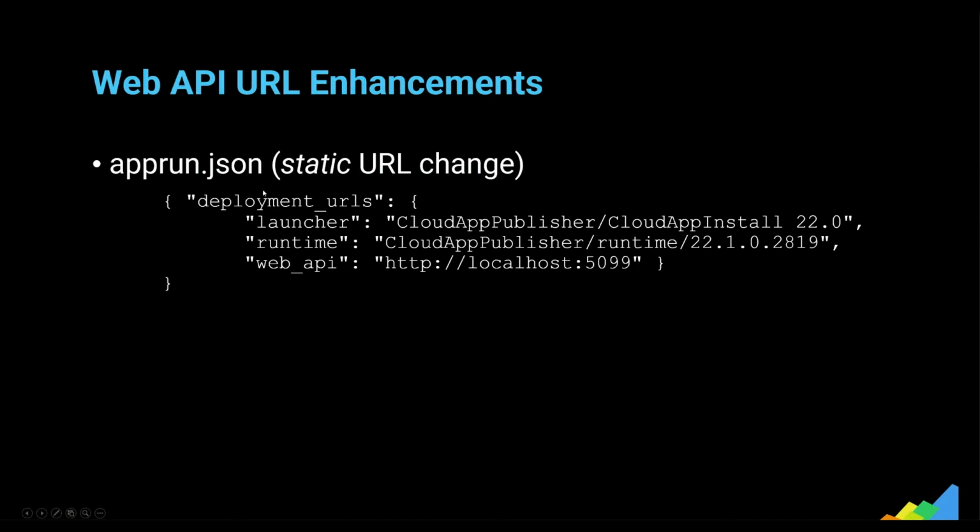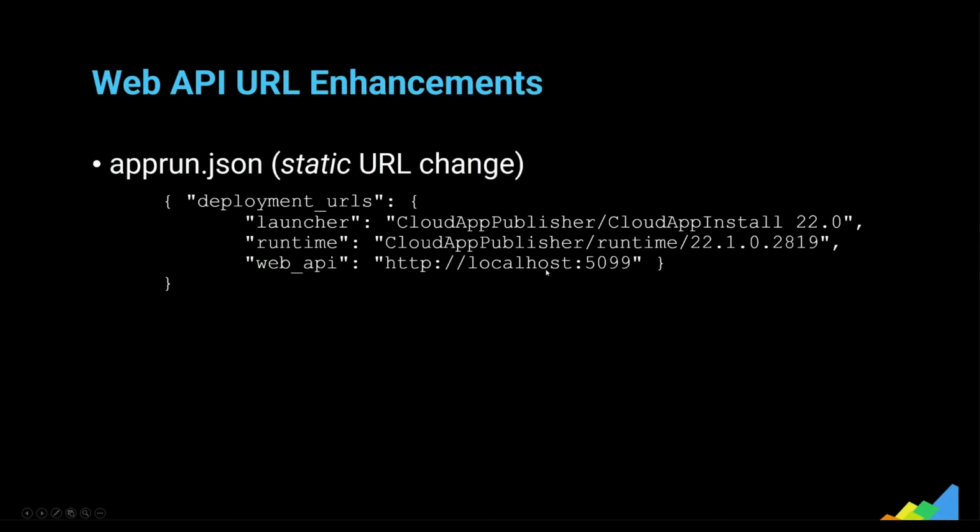It's a configuration file that tells the client app where to download the launcher and the runtime of PowerBuilder, and on top of all, where to connect with the web API. The launcher URL and the runtime URL can be a short address without including the site URL, or also, if you want, a complete URL address including the site URL. The web API must be a complete URL address.